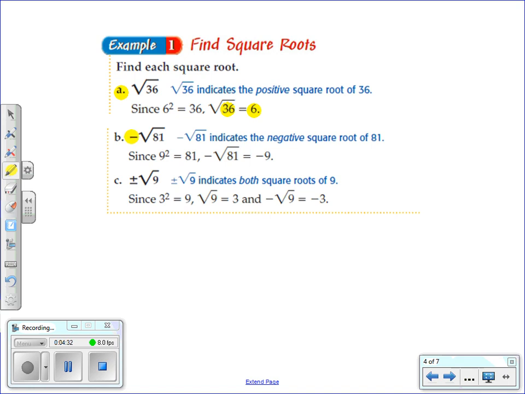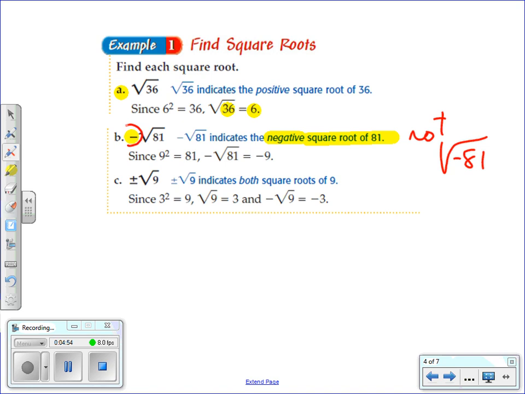Now here we have the negative square root of 81. Notice the negative sign is outside the square root. That's important. It is the negative square root of 81 that we're looking for. It is not the square root of negative 81. That is something totally different.